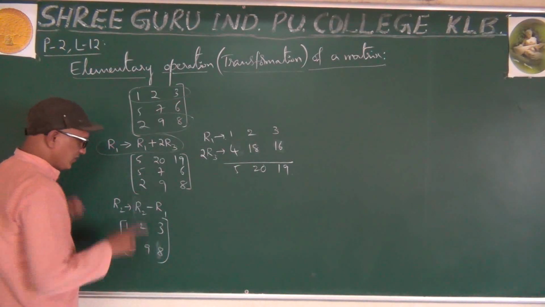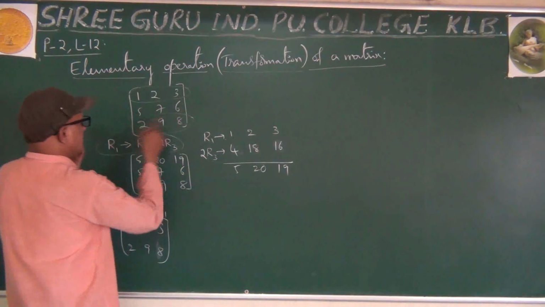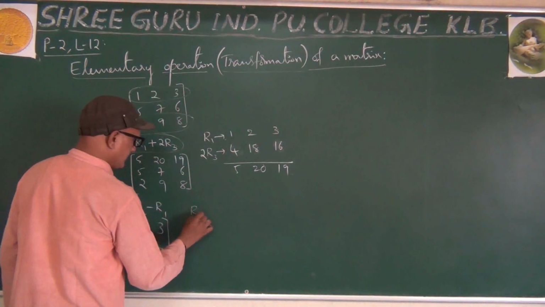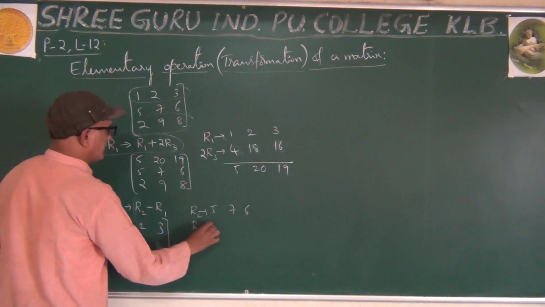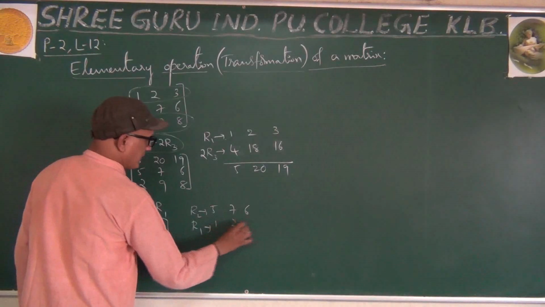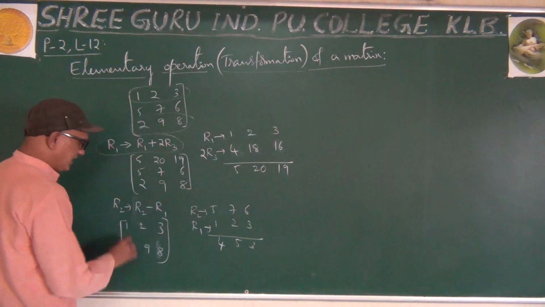How? R2 minus R1. What are the elements in R2? 5, 7, 6. R1: what are the elements in R1? 1, 2, 3. Subtraction.